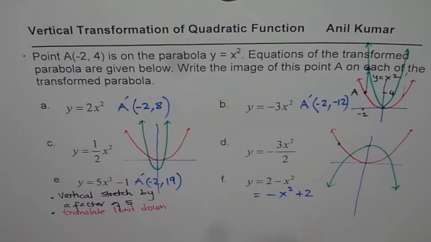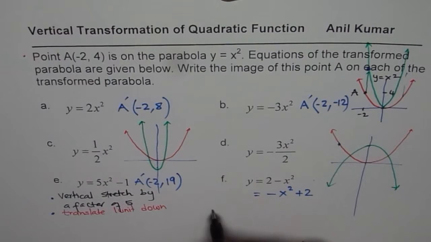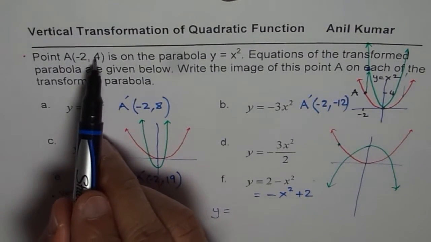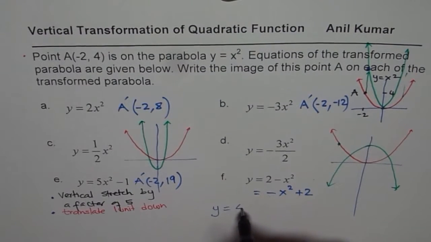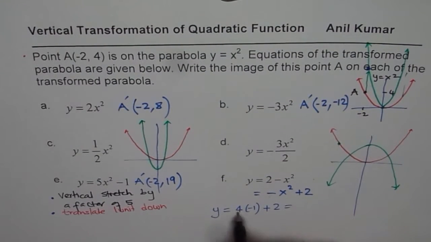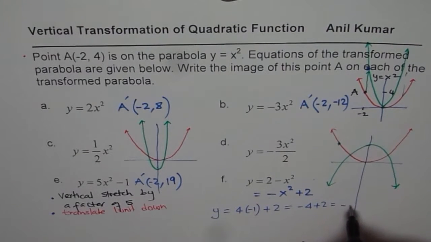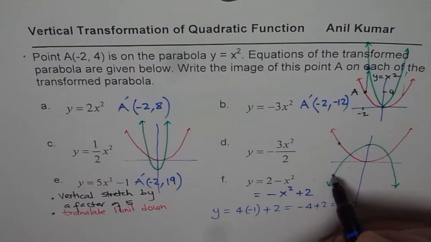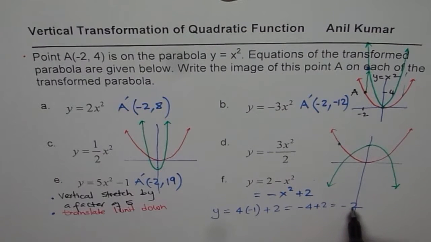So the x value remains the same, but what happens to the y value? As far as the y value is concerned, 4 will get multiplied by minus 1. So 4 times minus 1. Then you have to add 2. So if you do that, what do you get? You get minus 4 plus 2 equals minus 2, right? So the point really gets reflected and then moves up by 2 units, resulting in minus 2.